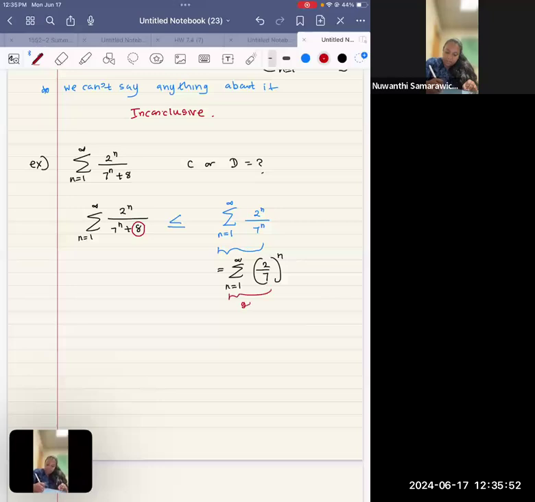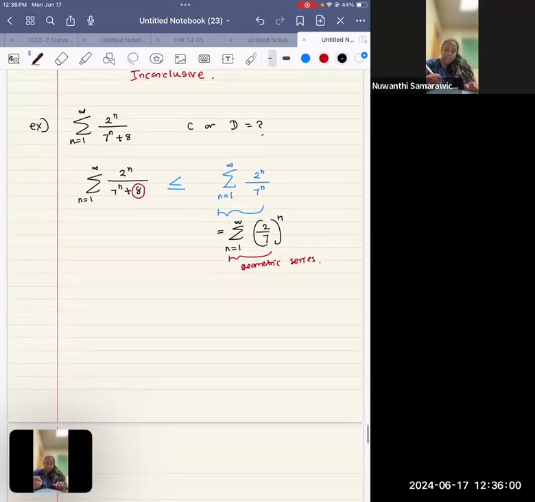So this is a geometric series, and we can use the idea that we learned in the geometric series. Here we have to consider the common ratio. The common ratio here is 2/7, which is less than 1, right? If it is less than 1, we can say whether the series is convergent or divergent.